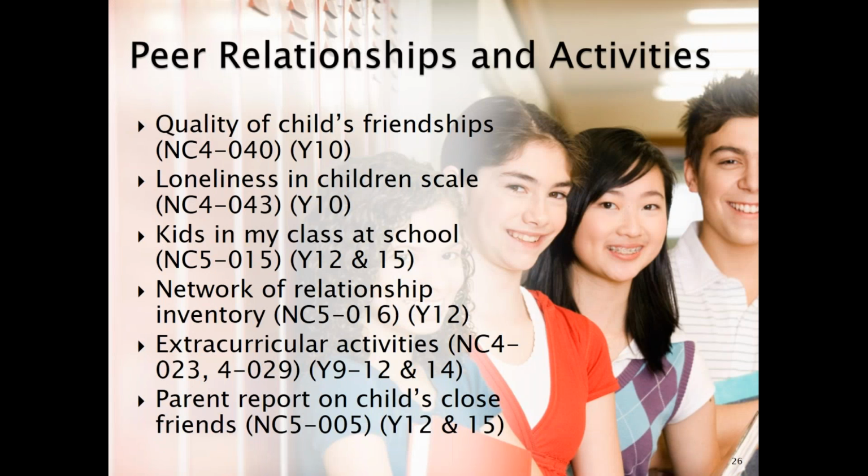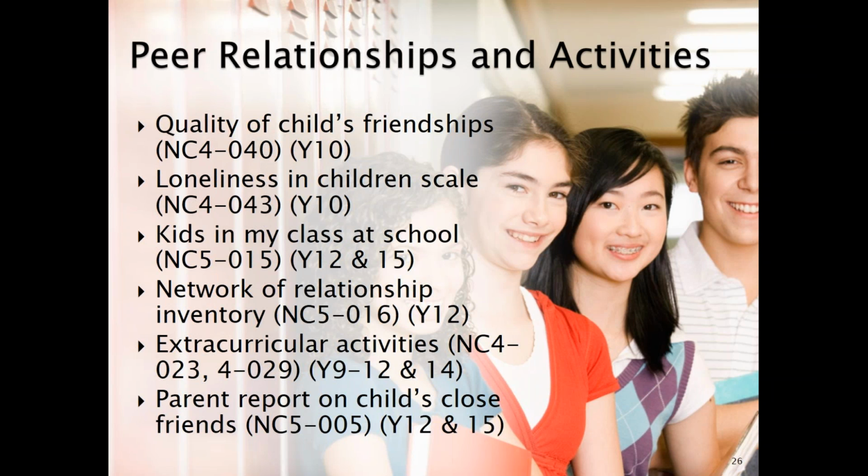So I've talked a bit about that mental or psychological part of that wheel, and so now I'm going to move on to the social arena. There are several measures looking at peer relationships and activities that the kids had, and again, most of these are in the adolescent ages. So things like the quality of the child's friendships, and perceived loneliness in the children.